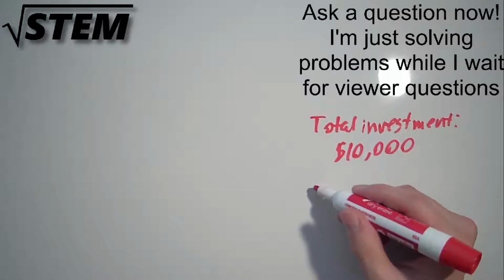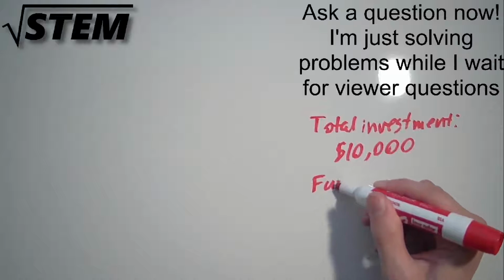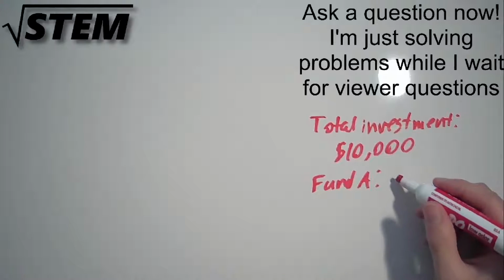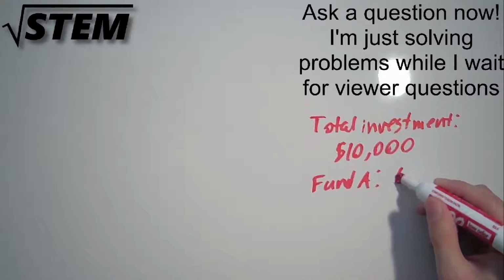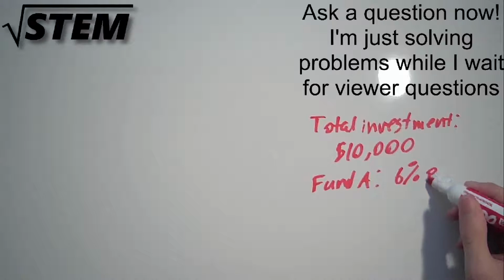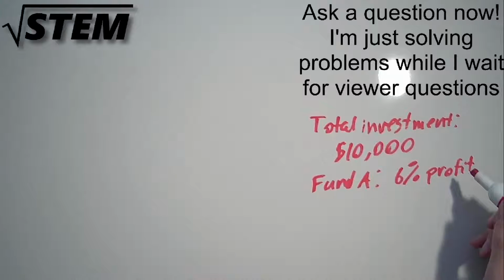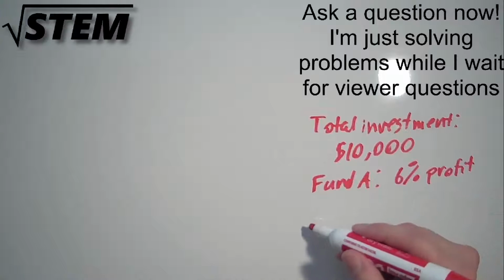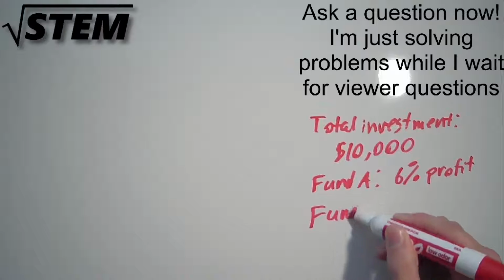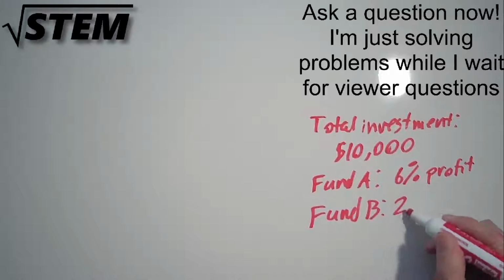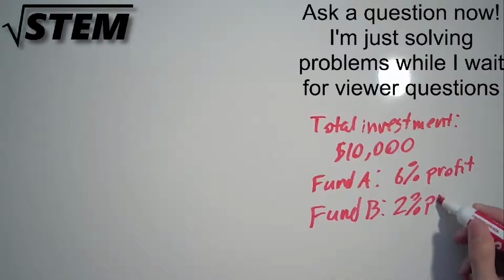We'll say we invest some of it in Fund A. It had a 6% profit. And Fund B had a 2% profit.